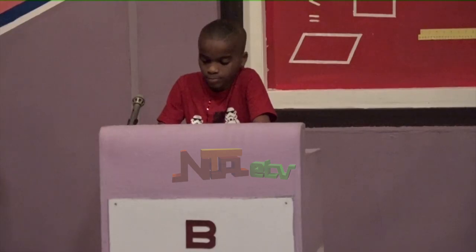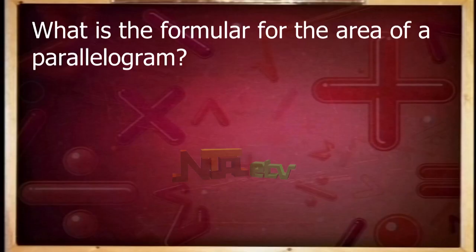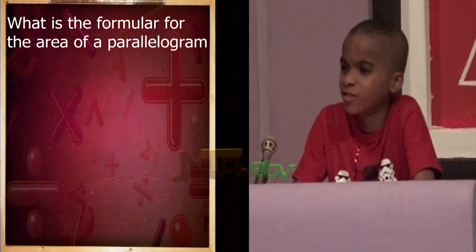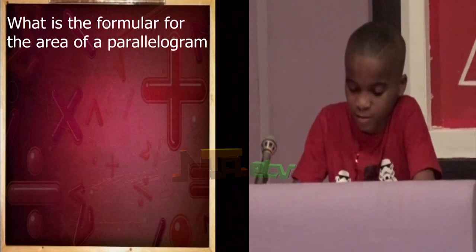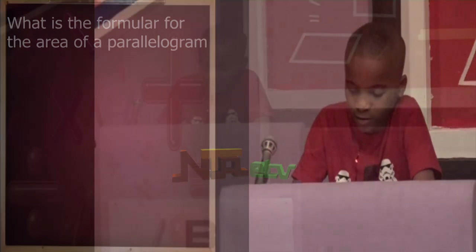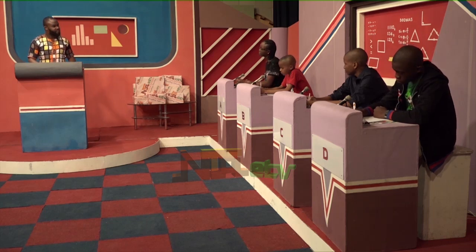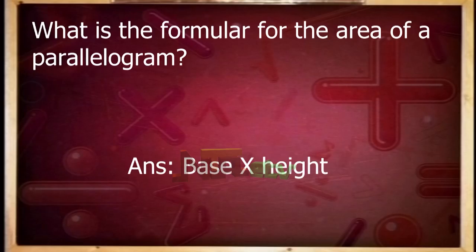Contestant B, your question. Question 9. So what is the formula for the area of a parallelogram? Length. Your time is up. Contestant A, go ahead. Base times height. Base times height is correct.